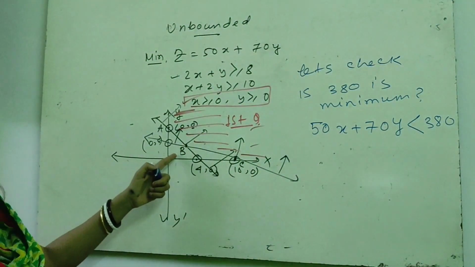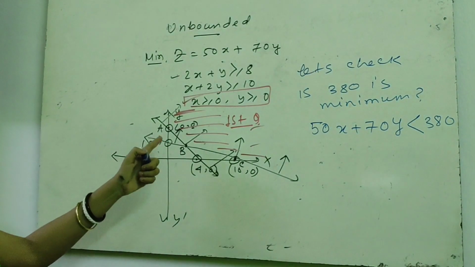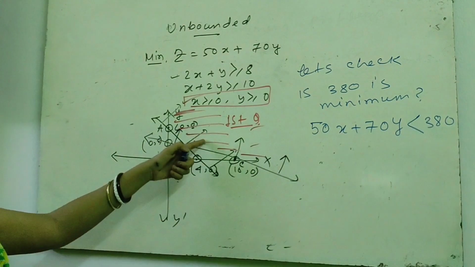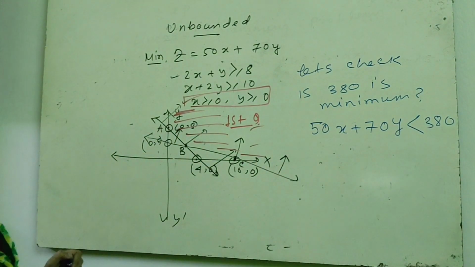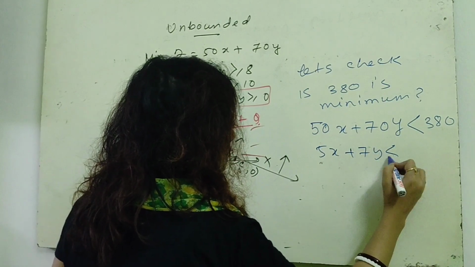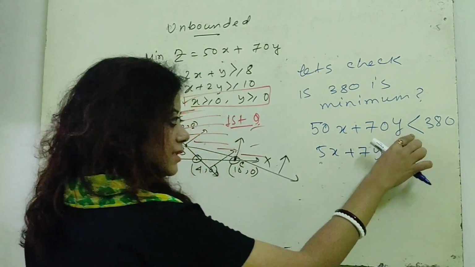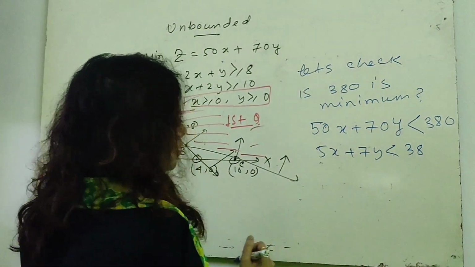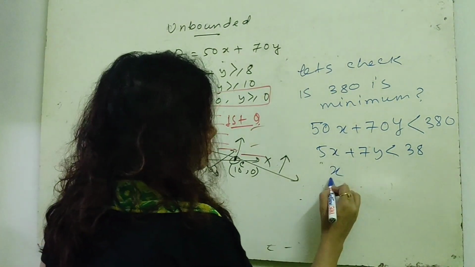Let's check whether I have any common point between this feasible region and this open region. This feasible region and the other part. Okay, let's check it. So this is only less than, not equal to.